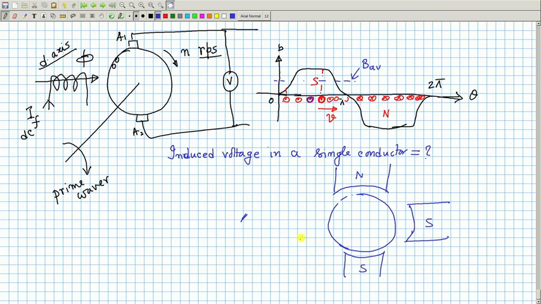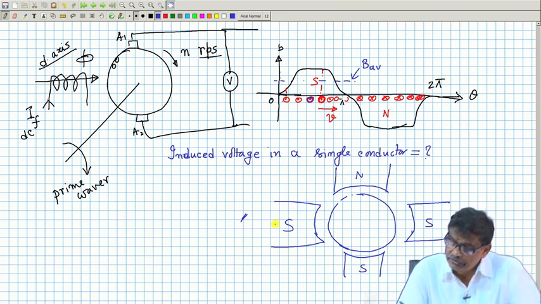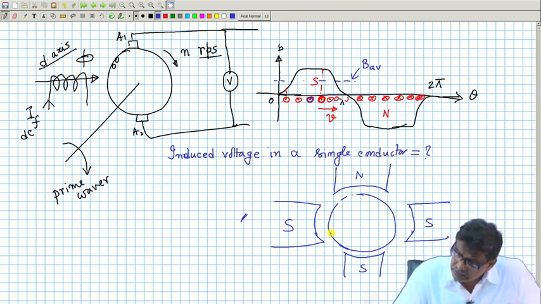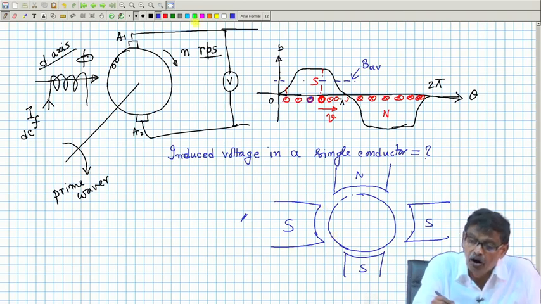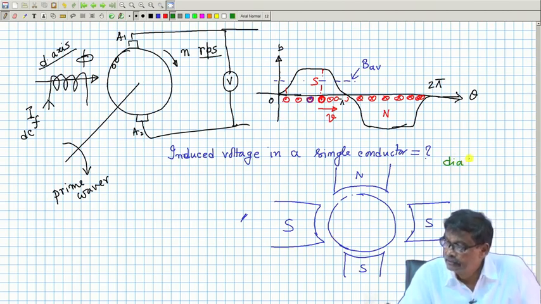Windings I am not showing on the stator, we know how to create that. This is suppose south pole. Suppose air gap is little, so suppose the diameter of the rotor or the air gap, whatever you call it, is d, diameter of rotor is equal to d.